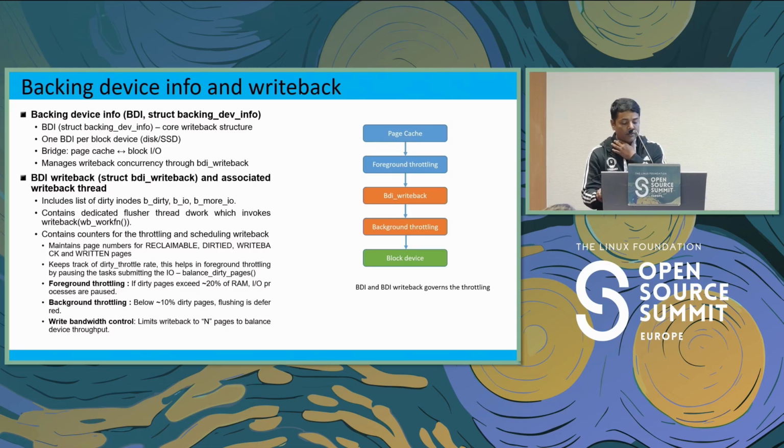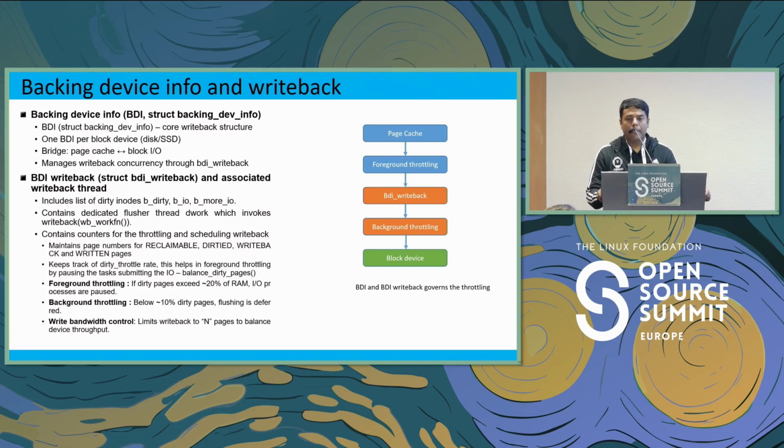The various counters it maintains are the page or the folio numbers in the form of reclaimable, dirtied, writeback, and written pages. Also, it throttles the IO. There are 2 types of throttling which happen. One is the foreground throttling, and one is the background throttling.